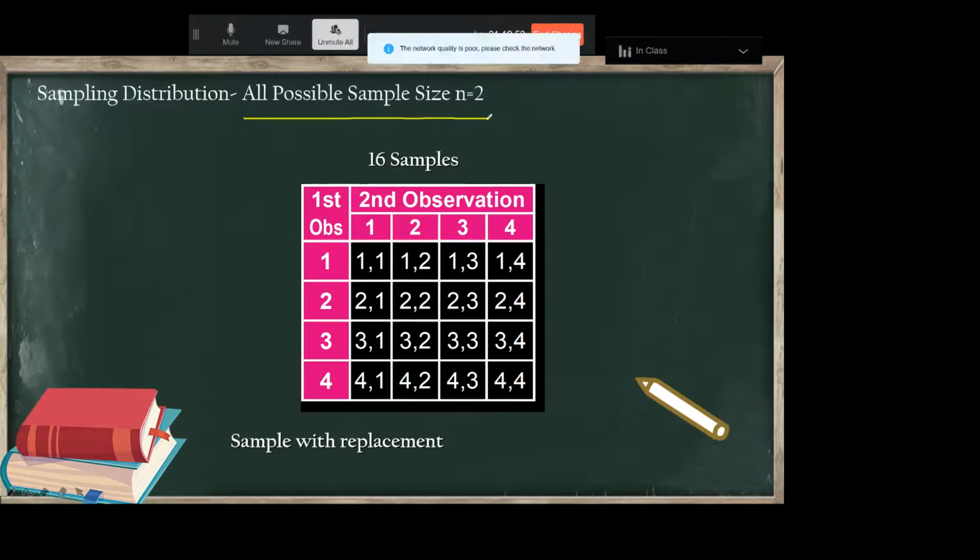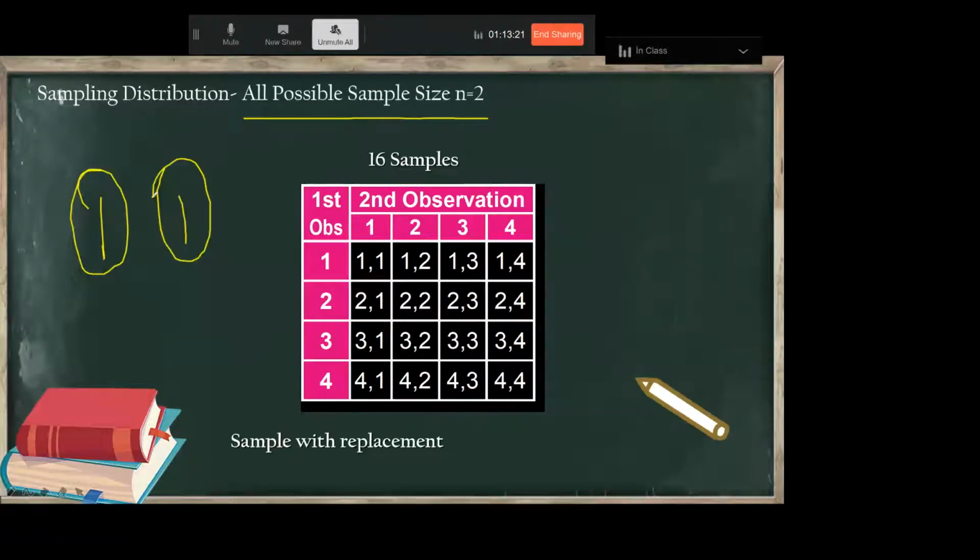With sample size n equals 2, it means that we are selecting 2 people at a time, and we are going to see all the possible combinations of these two people, right?